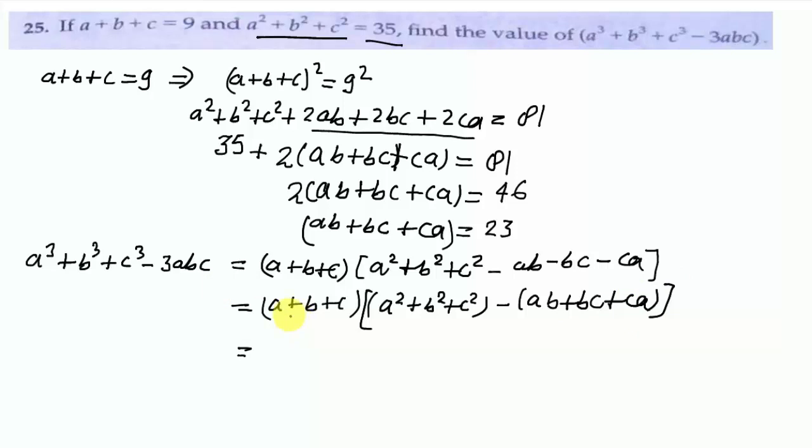Putting a plus b plus c equal to 9, and a square plus b square plus c square equal to 35, minus (ab plus bc plus ca) equal to 23. So 9 into (35 minus 23), so 12 into 9, 108. So this is our answer.